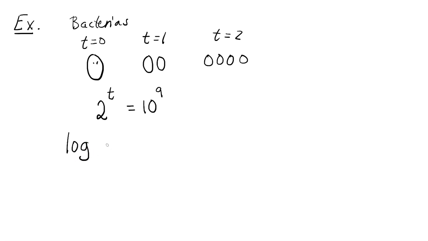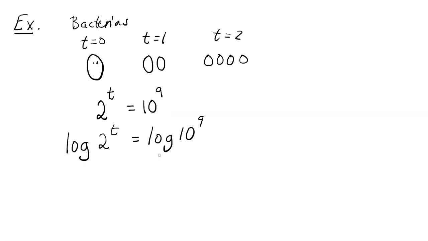So let's take a 10 logarithm on both sides of the equation. Since we assume that t is the solution to this equation, these 2 sides are equal. So if you take a logarithm on both sides, they are still equal.